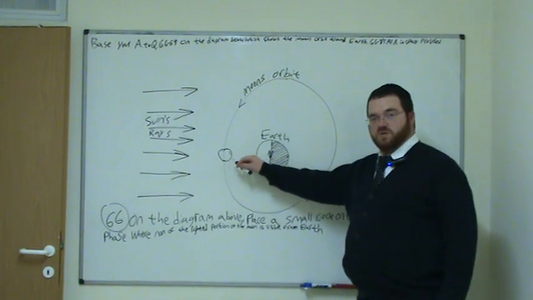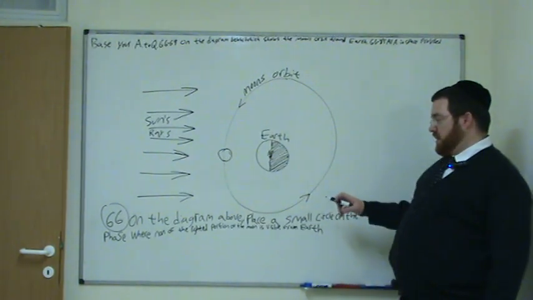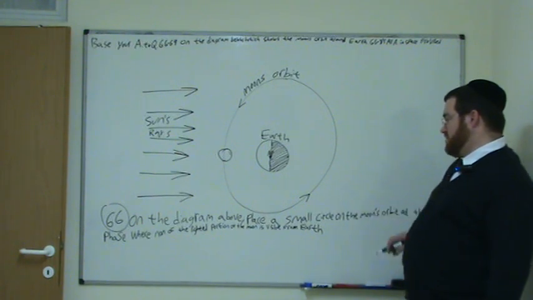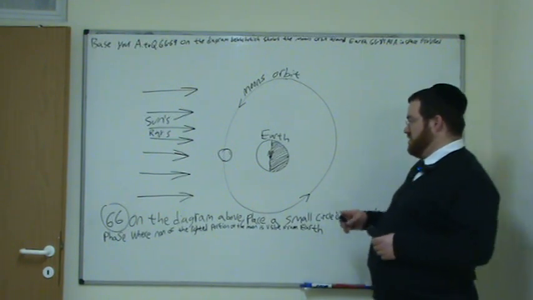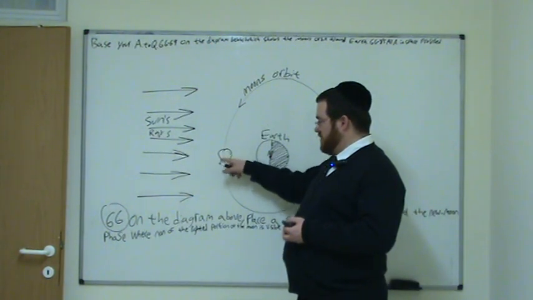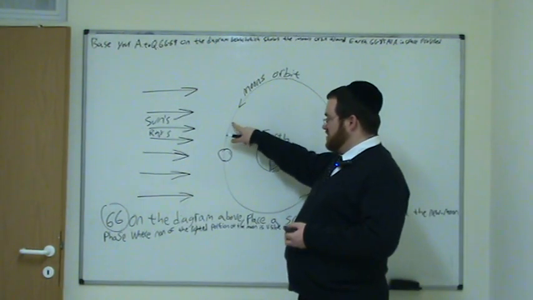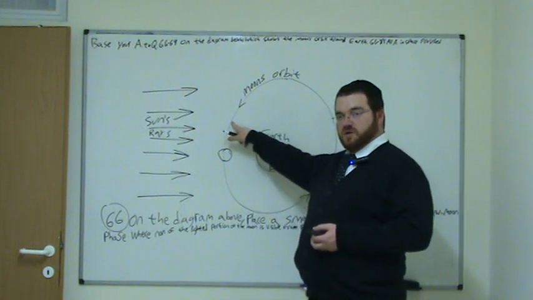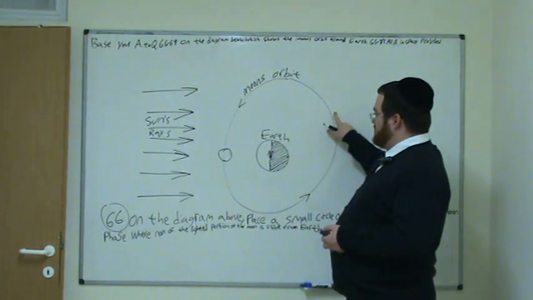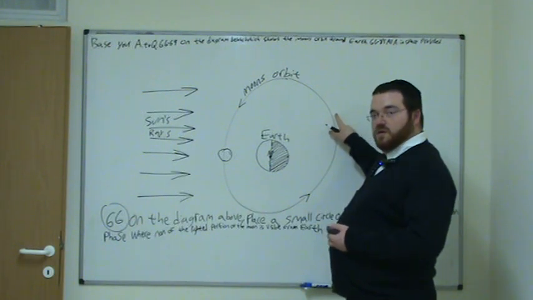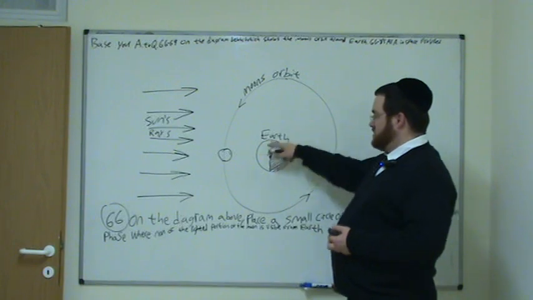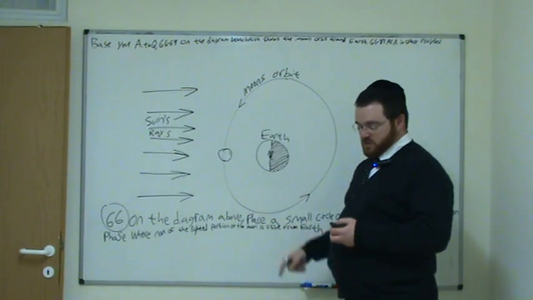The dark side of the moon is facing the earth over here, and therefore none of the light portion of the moon is visible from the earth. So this little circle is your answer. Put it up here, it's no good, because the earth could see a little bit. Put it down here, it's no good, and over here, all of the moon's light will be seen by the earth. So this is the only correct answer, the circle over here.